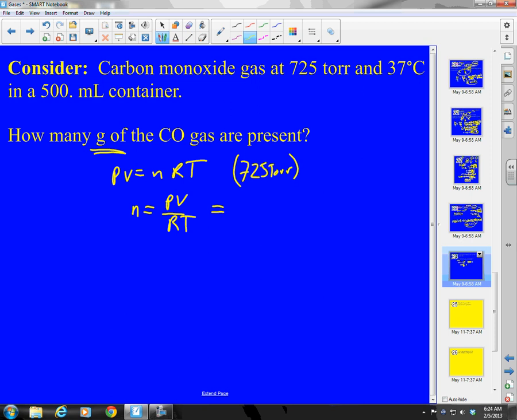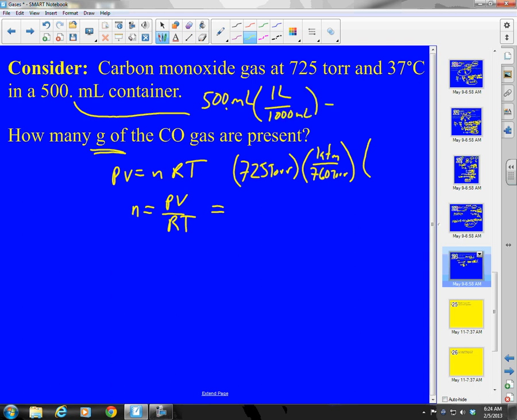I have to convert that to atmospheres, 1 atmosphere per 760 torr, right? And I have 500 milliliters, so I have to change that to liters. 500 milliliters times what? 1 liter per 1000 milliliters.